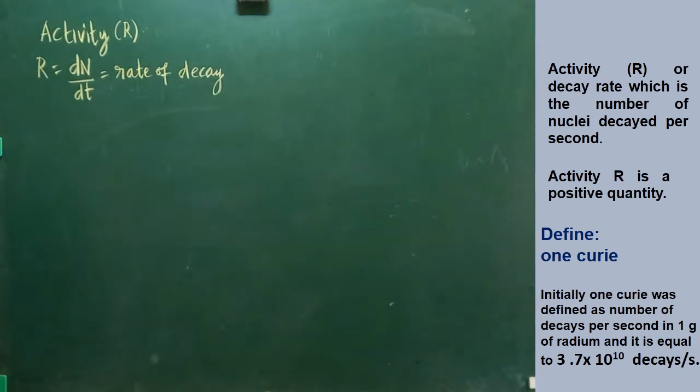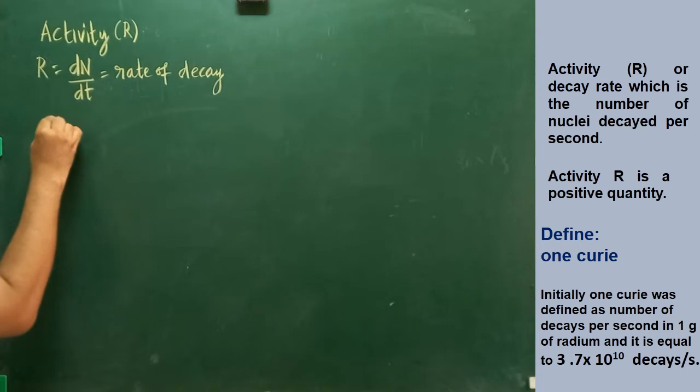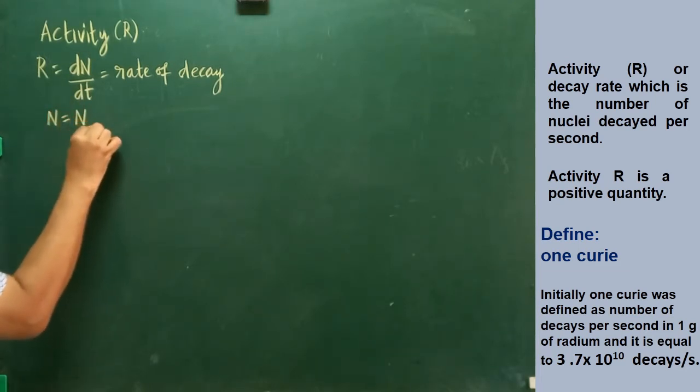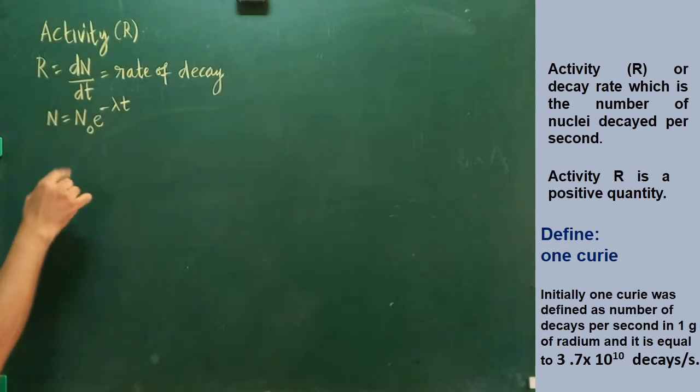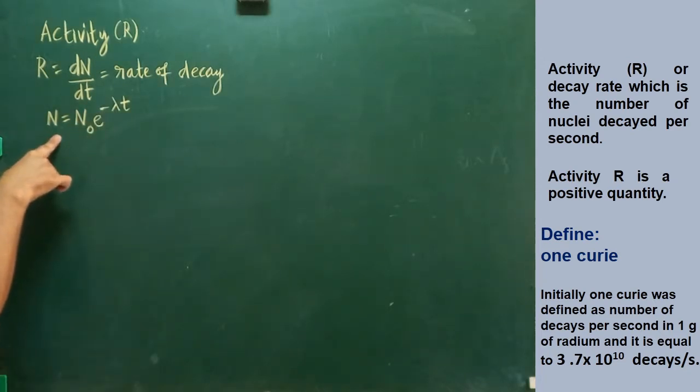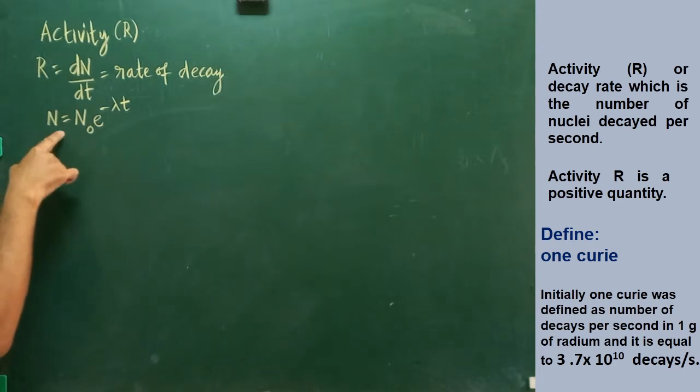Now we are going to get other expressions for R. Already you may know the expression N is equal to N naught e power of minus lambda t. This is one of the important final expressions arrived at the end of the law of radioactive decay. Are you clear?